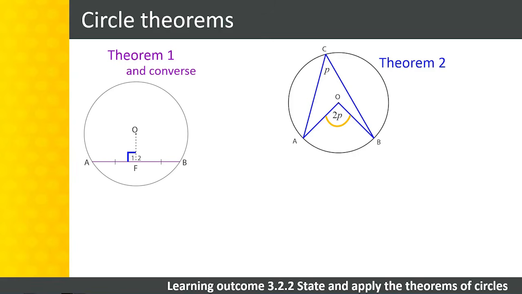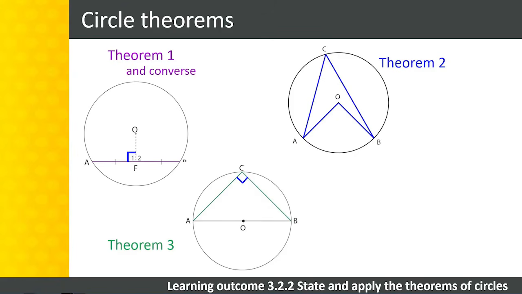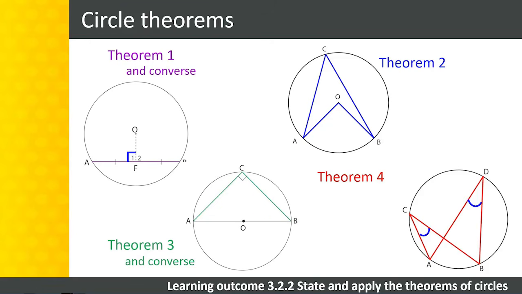An angle subtended at the center is twice an angle subtended by the same arc at the circumference. Theorem 3. If an angle at a point on the circumference of a circle is subtended by a diameter of the circle, the angle is a right angle. And its converse, if a chord subtends an angle of 90 degrees on the circumference, then the chord is a diameter of the circle.